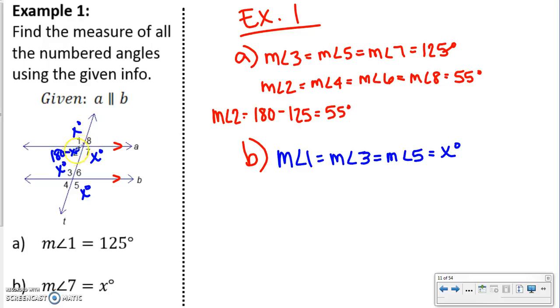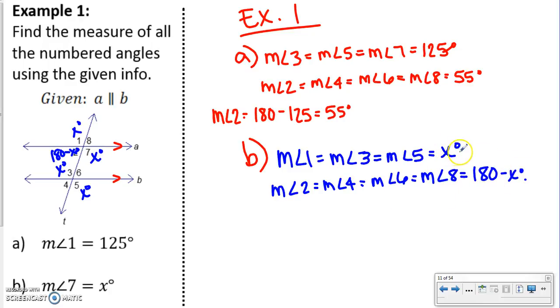And then that means angle 2, angle 8, angle 6, and angle 4, those are all going to be 180 minus x. And we did something like this on your chapter 1 test when we were doing supplements, and I told you one of it was x degrees, and so you had to do 180 minus x. That's as far as you can go. So those other angles are going to be 180 minus that given angle.